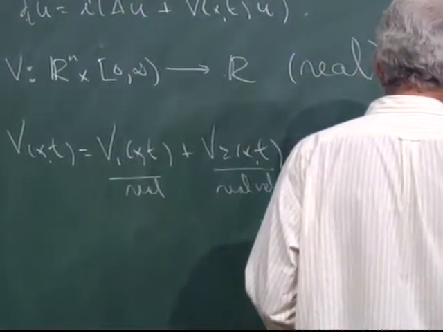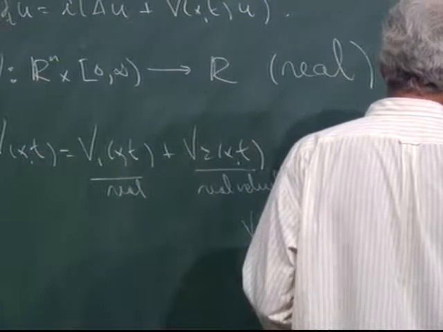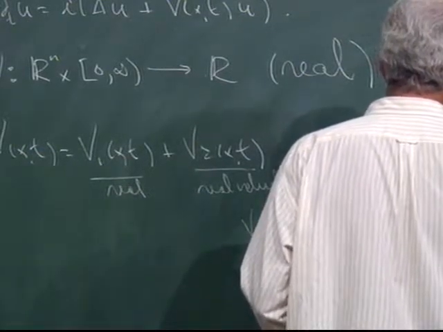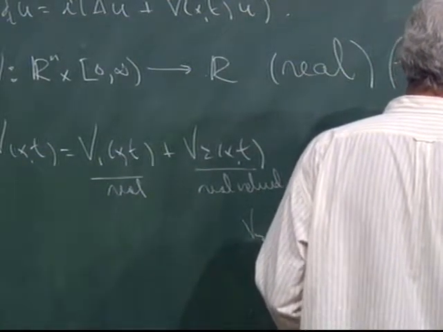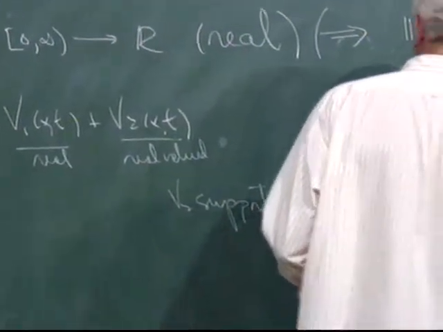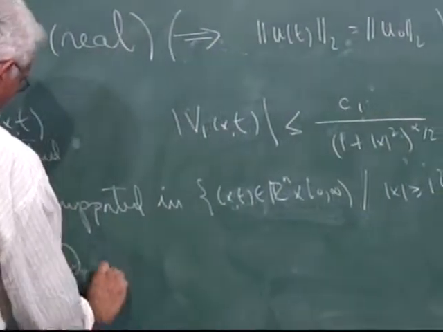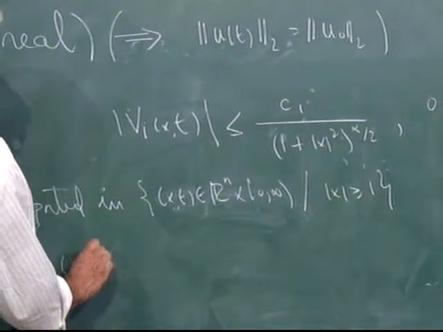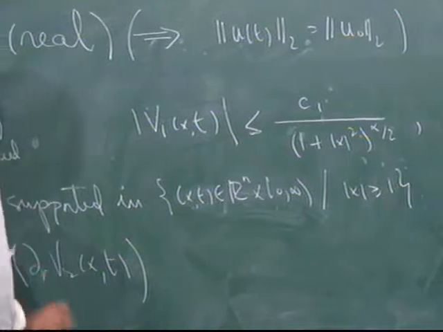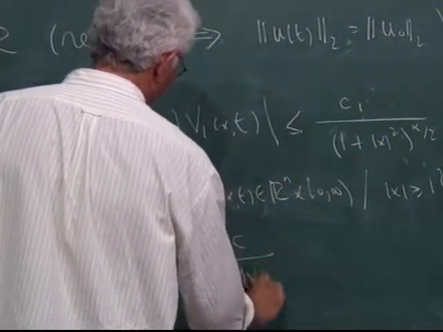It is supported in the x, y such that |x| is always more than 1. Suppose also that the negative part of the radial derivatives of b2 of x of t, this boring thing I will explain why, decay like C|x|^alpha.